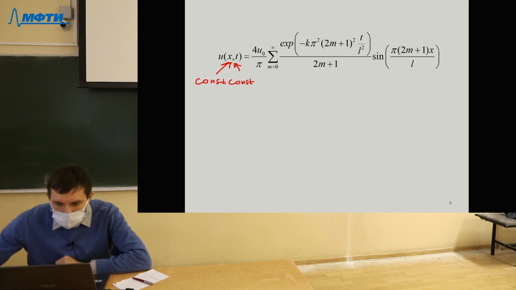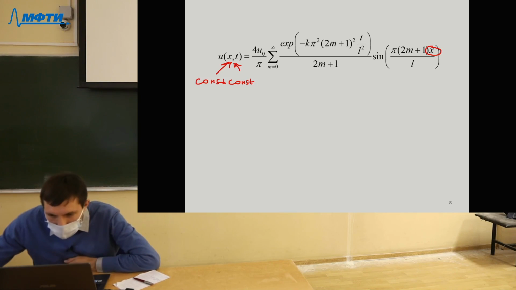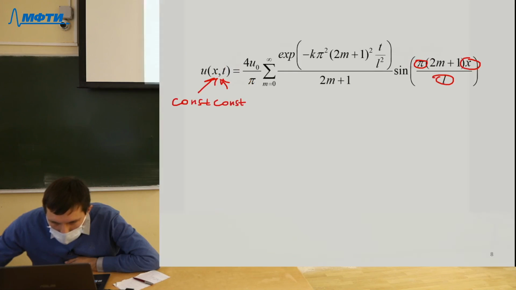So here constant L equals 1, pi constant, t constant, L squared constant, k constant equals 1, pi squared constant.